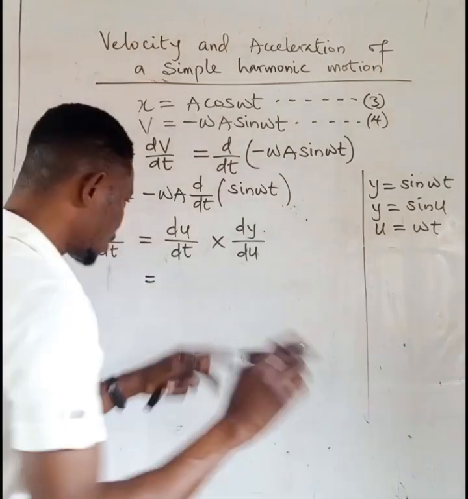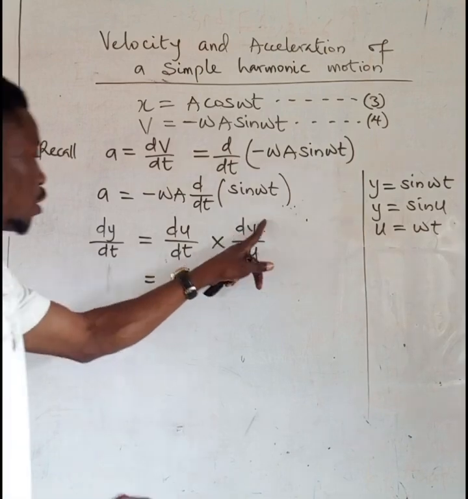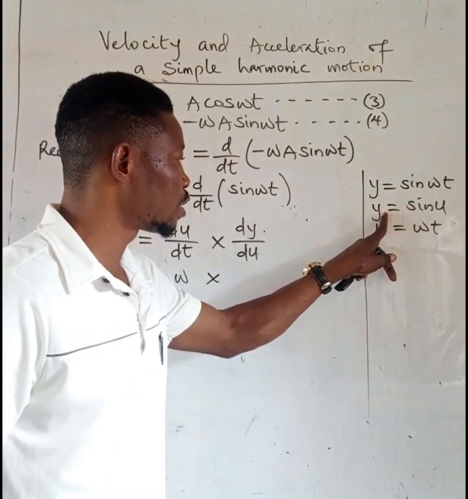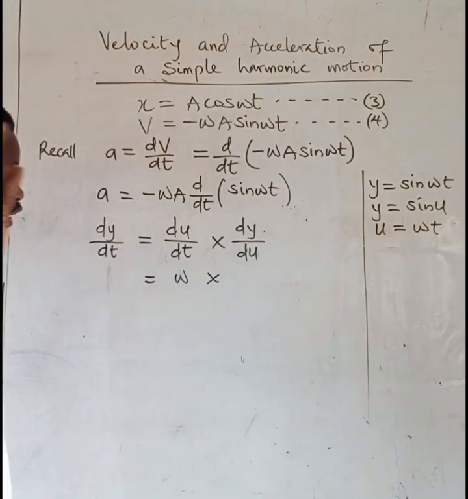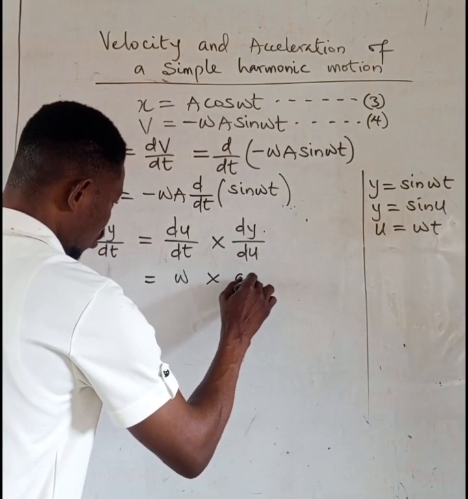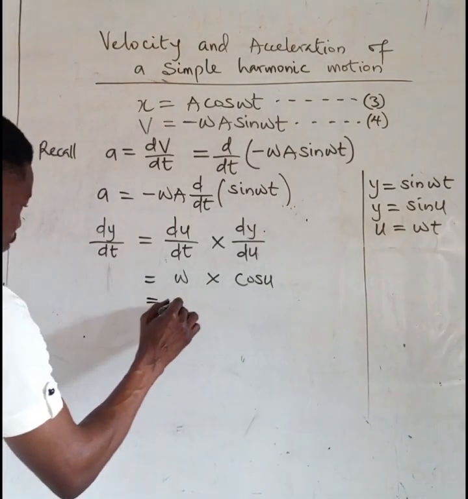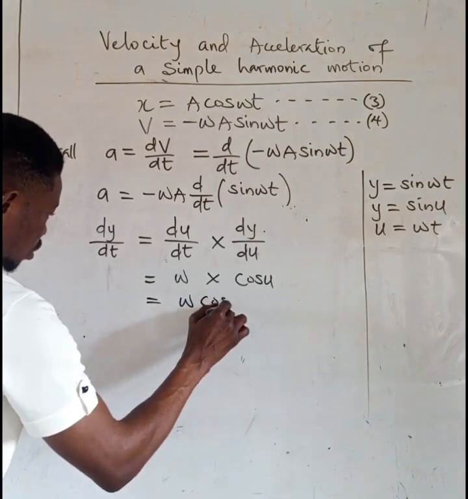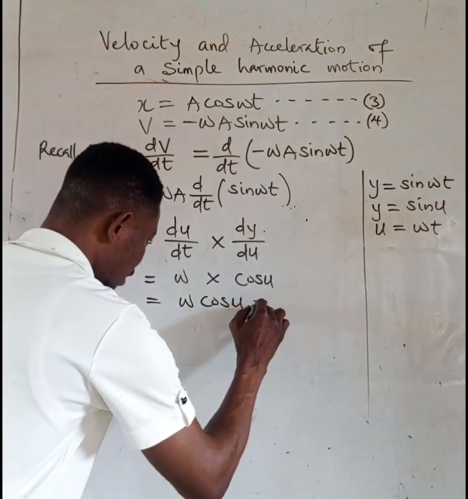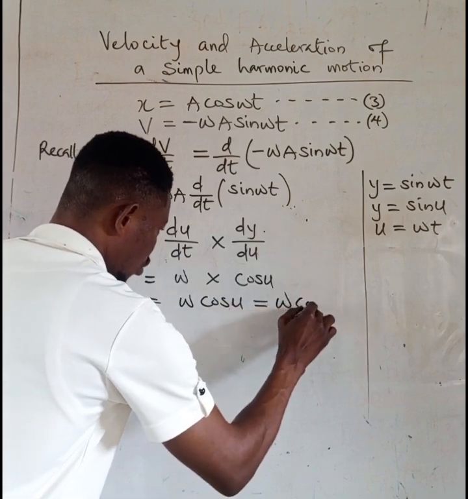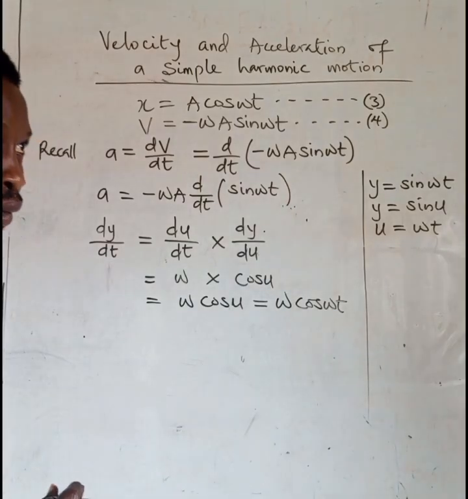When we differentiate omega t, we obtain omega, multiplied by dy/du. Differentiating y with respect to u is like differentiating the sine of a function, and when you differentiate the sine of a function, you obtain the cosine of that same function. Putting this together, we have omega cosine u, which is exactly the same as omega cosine omega t, because we already know that u is omega t.